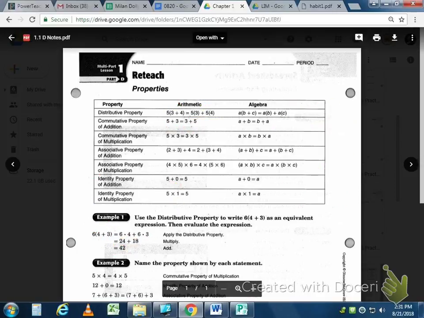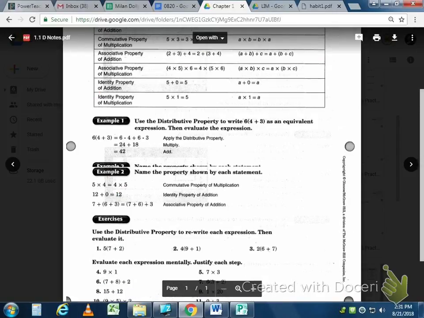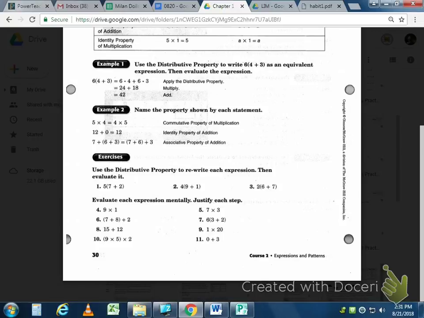Looking at some of the other properties, in example 2, if you're showing 5 times 4 equals 4 times 5, it is commuting it. It is multiplying in either order to get the same answer. That would be commutative property of multiplication. 12 plus 0 is 12.